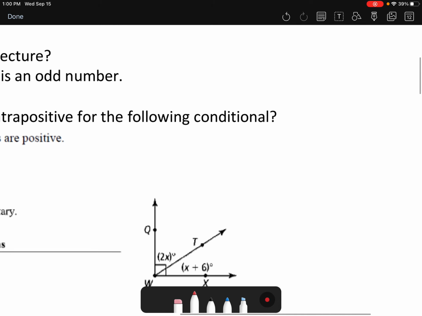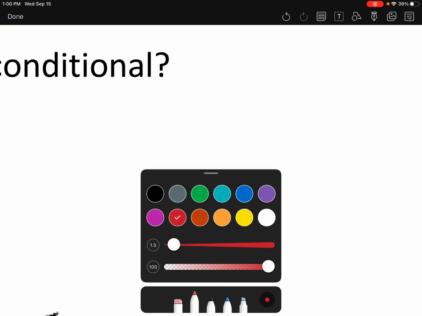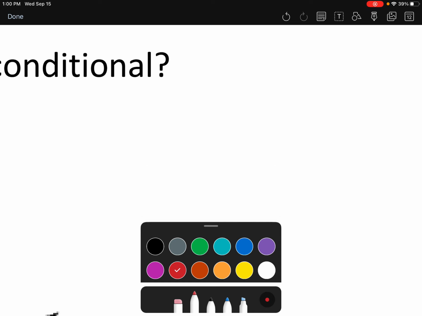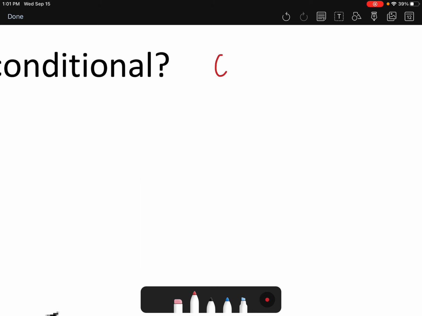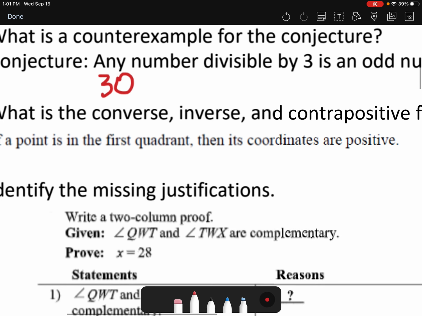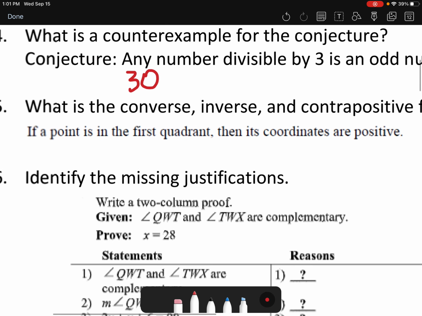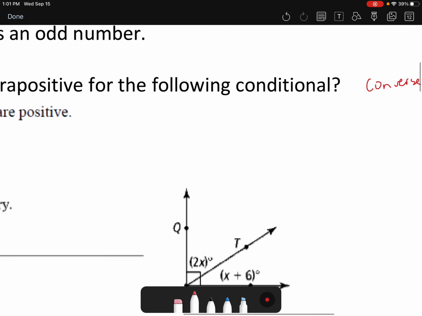I'm going to zoom in real close here, and hopefully y'all will be able to follow along. The converse takes that statement and swaps it around backwards. We're going to say if the coordinates of a point are positive, then it is in the first quadrant.